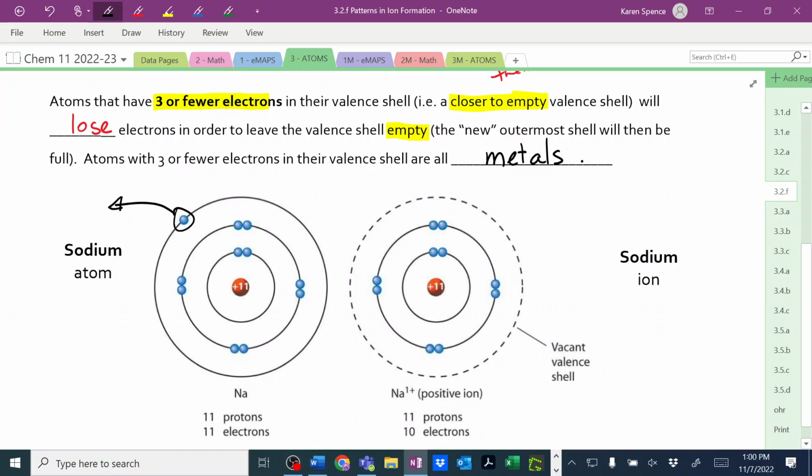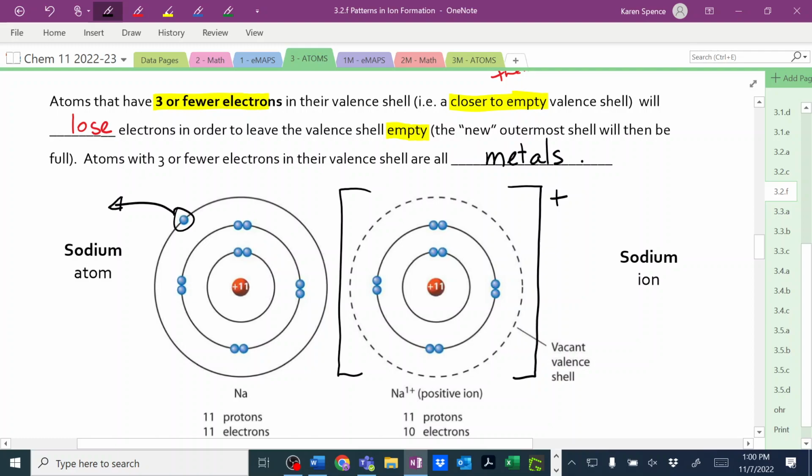If I wasn't going to destroy it though, maybe I would put it in brackets, and maybe I would also put a charge. Now, which one is the most correct? Just plus. Plus is the best.